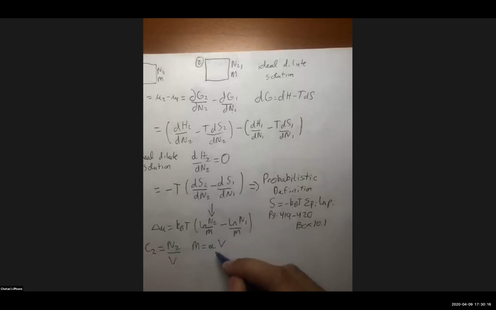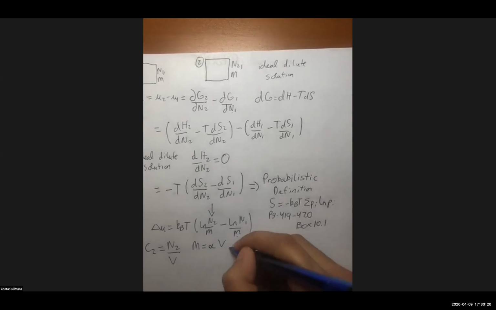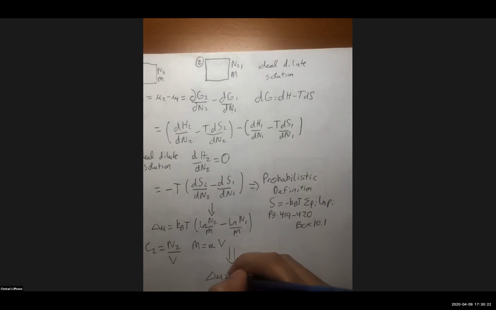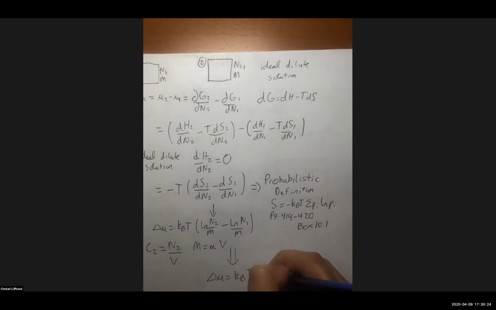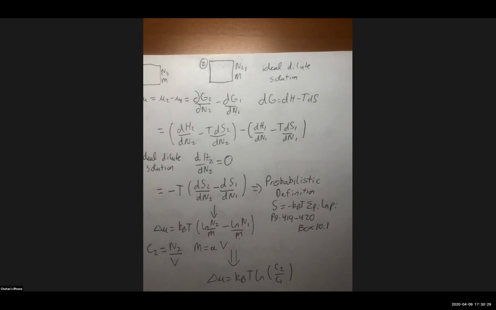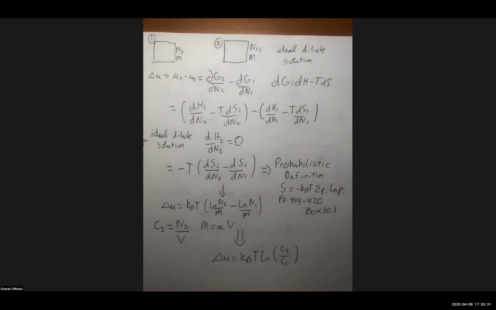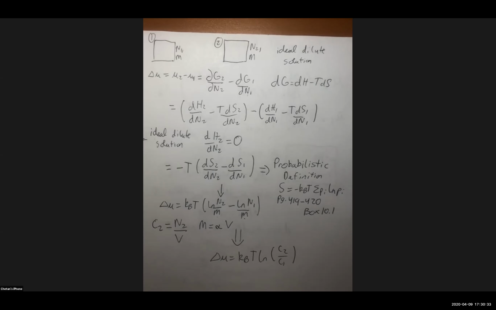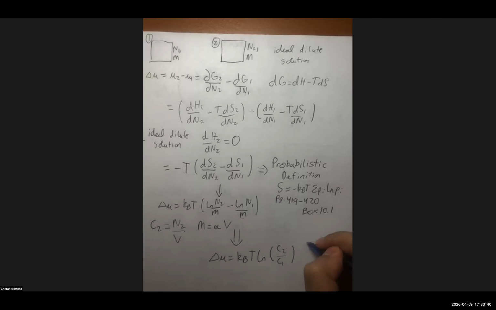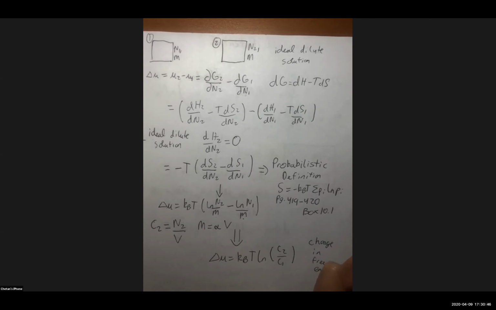If you plug these in for both N2, N1, and also the remainder M's, you'll get this fun equation, kBT ln C2 divided by C1, which you will be using on your problem set. I don't think you'll be required to know these proofs, but it'll be good to look them over, understand that this equation is coming from simply a change in free energy, right? A change in free energy. Are there any questions about that?